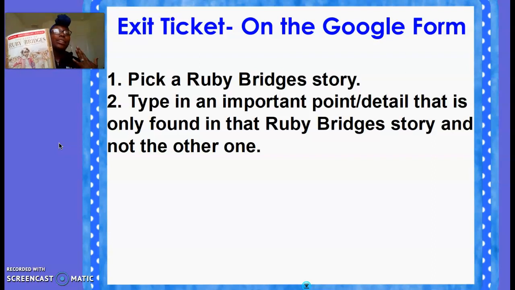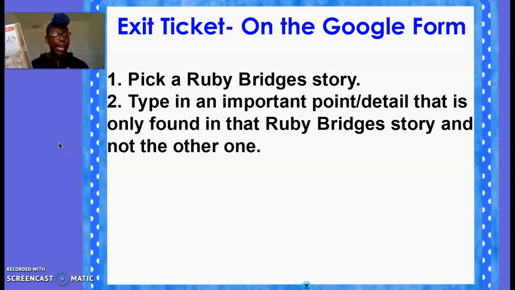And remember, I don't want a small, tiny detail like this story said the word, they stopped and talked. I want a big event that happened, a big important point. Remember the word important point or detail that happened in the story. It needs to be important.